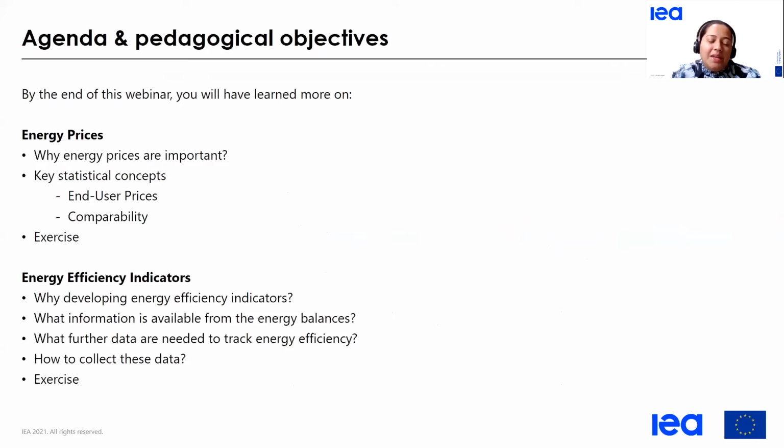Here we will look at why it is important to develop energy efficiency indicators, and we will also see what information is available from the energy balances that you can use to calculate those indicators, and also what further data are needed to track energy efficiency, because energy balance data alone is not enough. We will also see together how to collect those data, and then we will end with an exercise session. So let's get started.